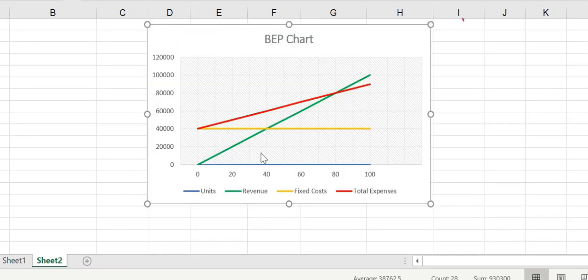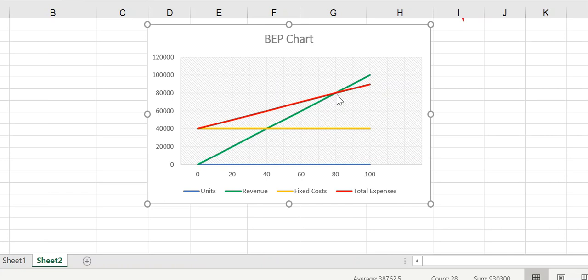So the final graph will look like this. 0 unit, so the green line represents the revenue line, orange represents the fixed cost line, red represents total expenses line, total cost line. The intersection between the total sales and the total cost, which is 80,000 units.